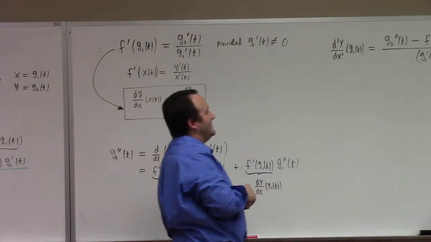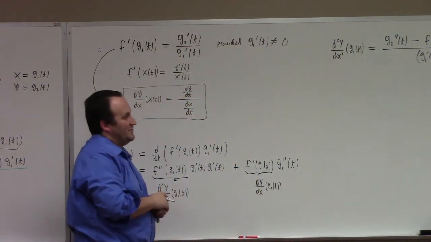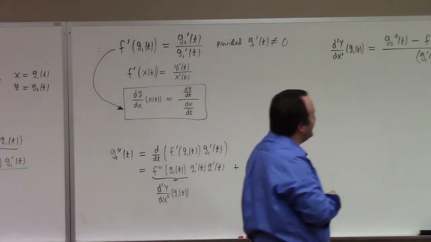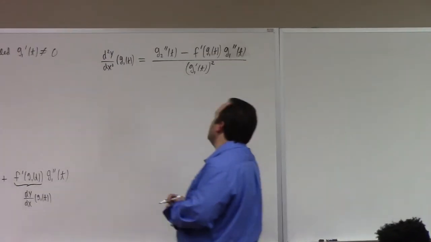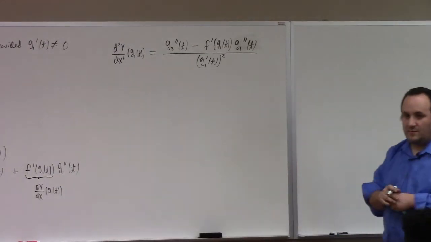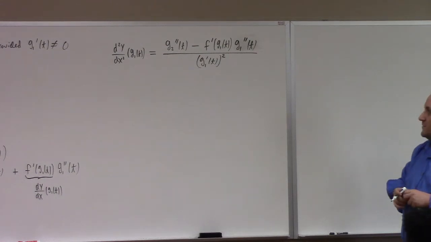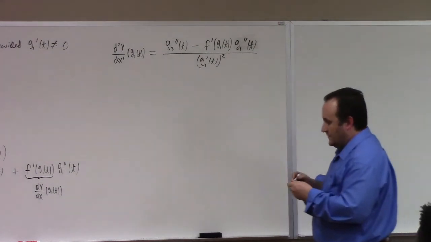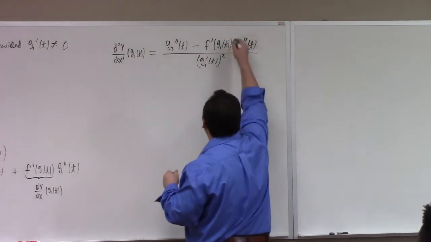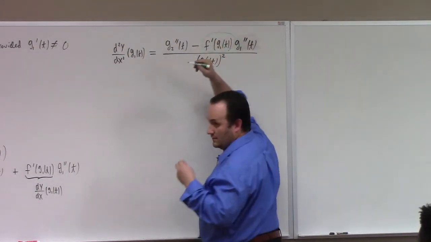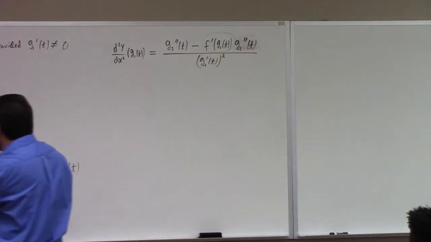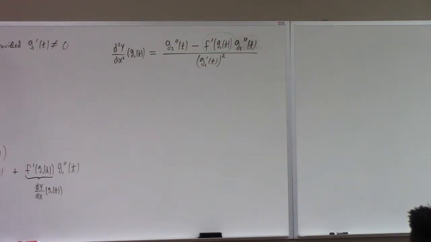It's funny. It almost looks like a quotient rule. It's not that, but it kind of looks like it. Now, you could leave it like this, or you could use what we already know, which is that this piece right here can be traded for what? It can be traded for this right here, right?